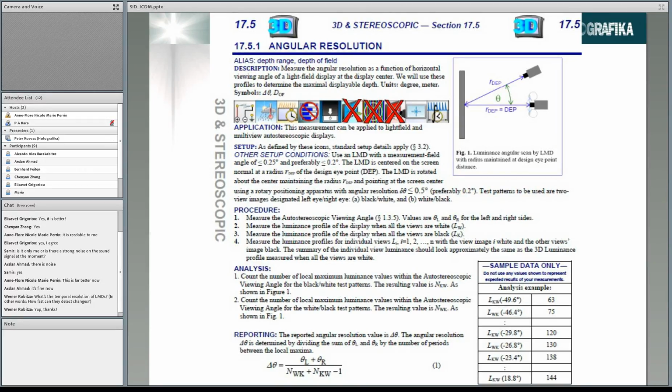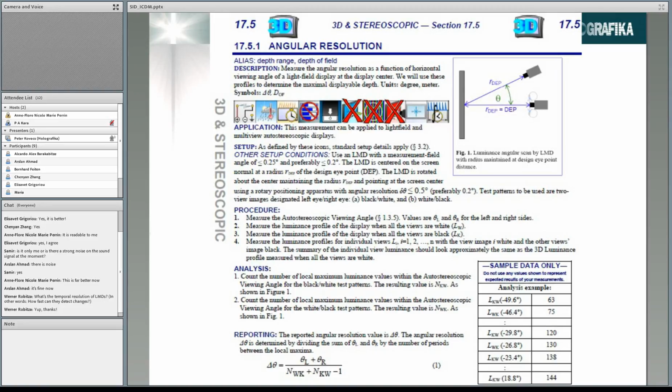Then we are projecting peaks for odd and even views of the display, rotating the LMD in front of it, and we count how many peaks we can find inside the viewing angle, looking at the graph which we have captured by rotating the LMD and measuring at different angles.